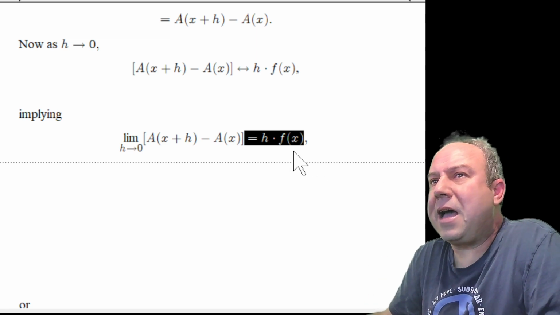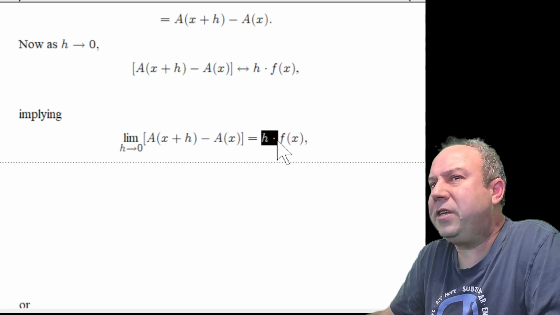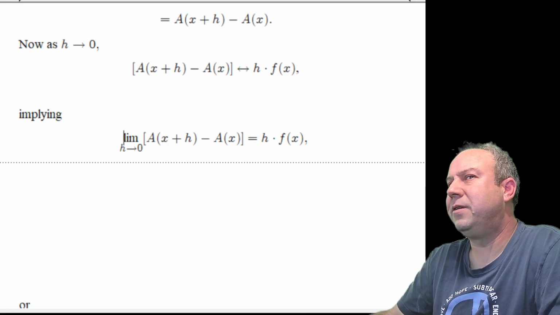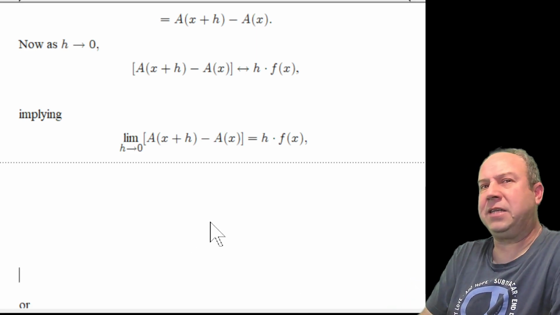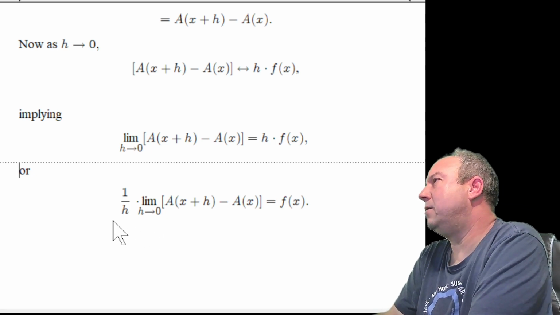And as a limit statement of equality, I can shift this h from the right-hand side back over to the left by dividing both sides by h. And if I do that, I'll obtain this as my statement.